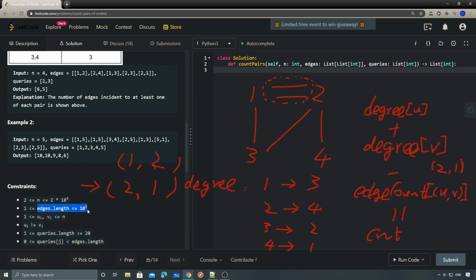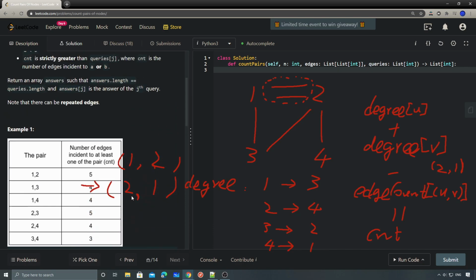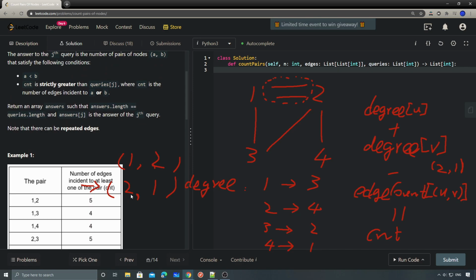Given that these edges and nodes are very big here, a brute force solution is that we simply do an n square loop to find all the pairs. And for each pair we use this formula to calculate the count, and then we compare with the value in this query here.